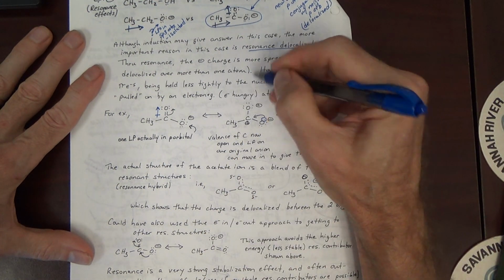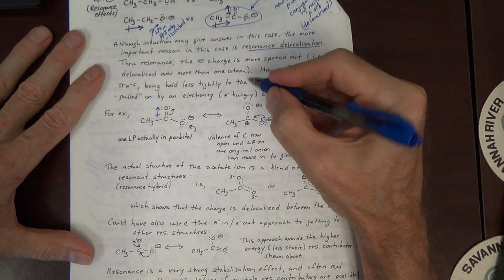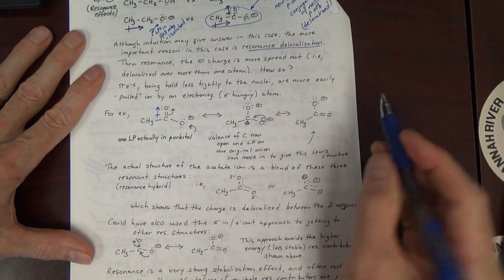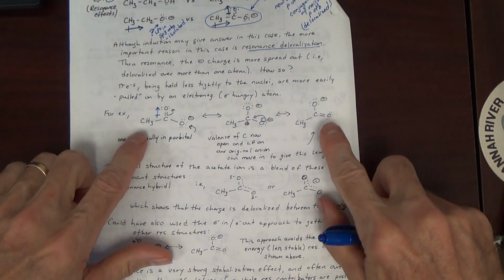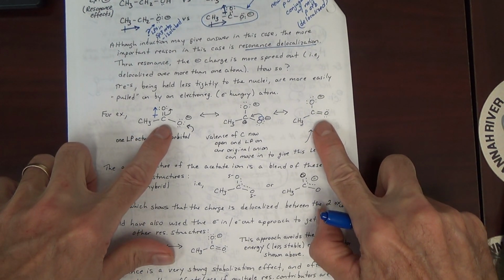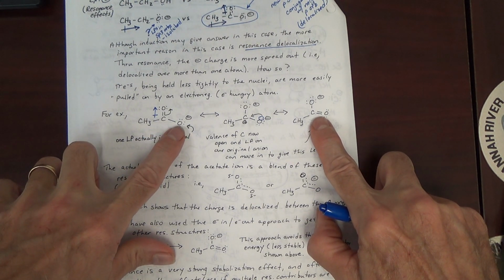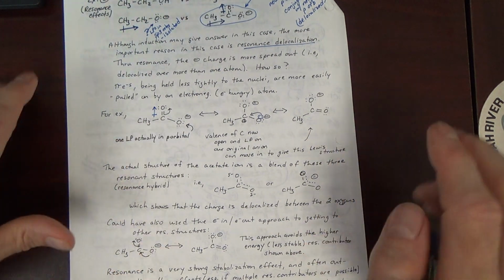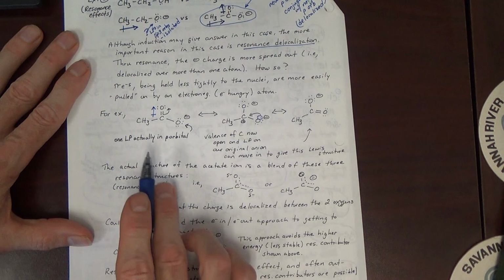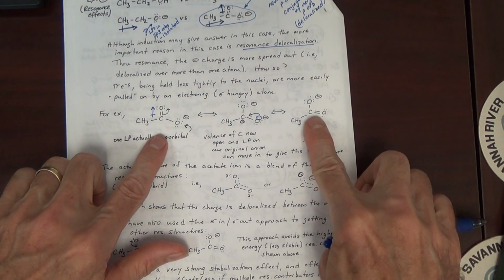Now if we ask this oxygen to share and bring these down, we'd just be going back this way. But instead we ask this oxygen to share. And now we get 2 different structures here, and each of them only has a single charged atom. Now actually, what is the true structure of acetate? The true structure is a blend of all these structures, but these 2 contribute most.